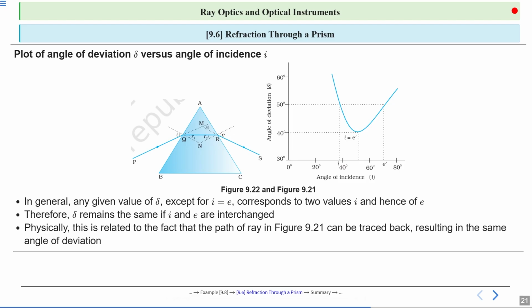It will trace its original path. So this is its meaning physically. This symmetry is due to the reversible nature of light paths. If you trace the ray's path backward in figure 9.21, you will find the angle of deviation remains the same. Got it? So at the angle of minimum deviation, i becomes equal to e.